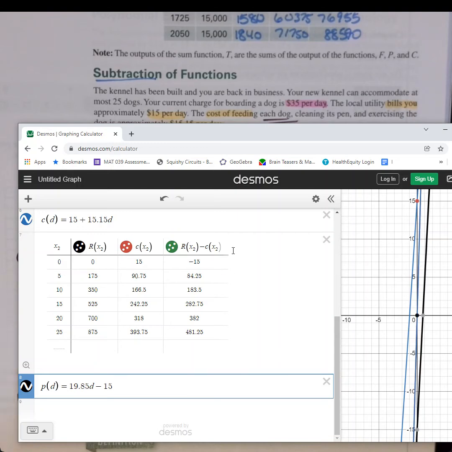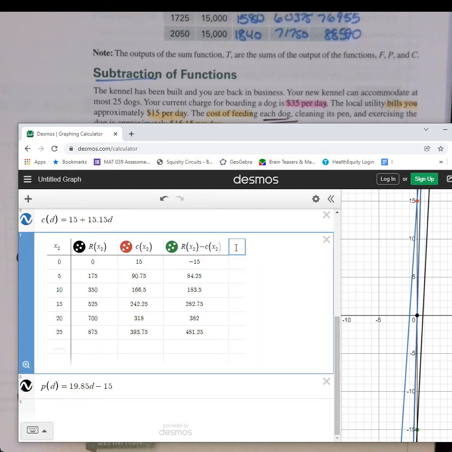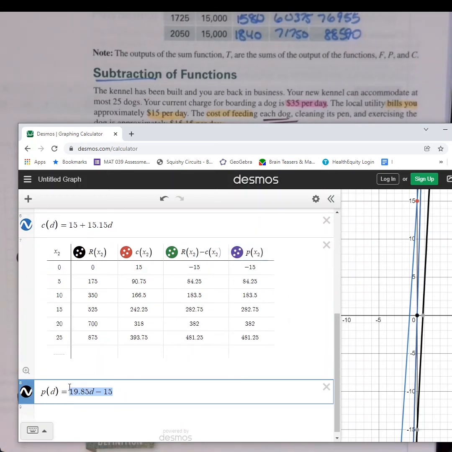There we go. So if I put my P function over here, little p with an input of x2, we should confirm that what our simplified profit function is doing, that simplified difference, is the same thing as the literal difference, where I told Desmos to subtract the two columns without me telling it what the simplified function was. So all my values should be matching up here. Looks good. Okay.